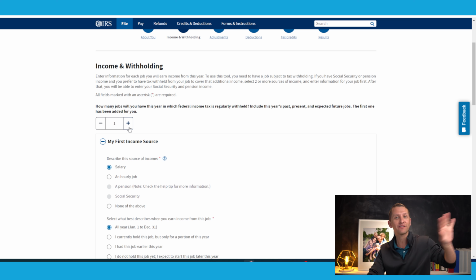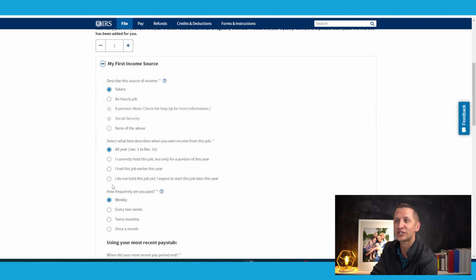If you had 5 jobs, but you're no longer employed, you have to put them all in here for this thing to be accurate. So if you had 5 jobs previously, 1 job now, that's 6 jobs. And the only thing you're going to do is change the date, and the date is right here in the middle. If you don't have this job all year, choose one of the other radio buttons that will work for you, and then you can choose your dates.